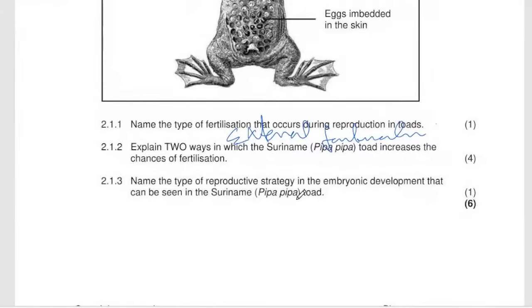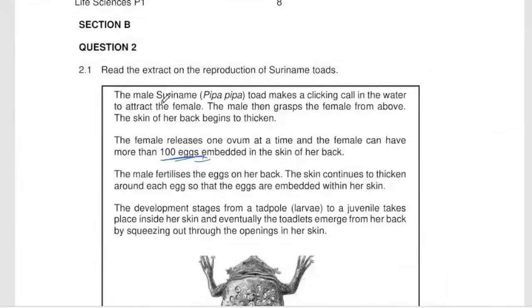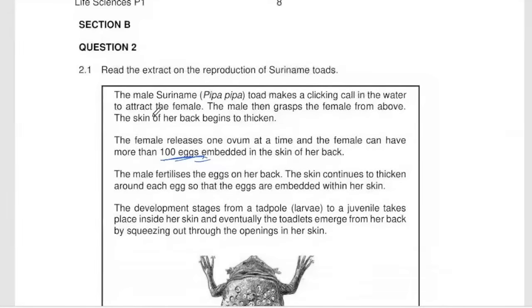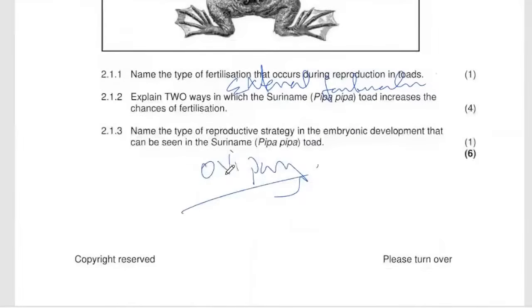If the development is outside the body, and the eggs are just laid, then automatically it's going to be oviparity. If you look at this word in the extract, you won't find it there. But because of the characteristics you have heard from the question, you are able to know that the answer is that. Then we go to the next question.